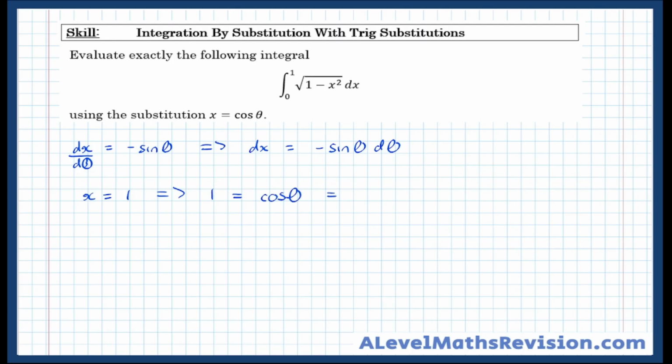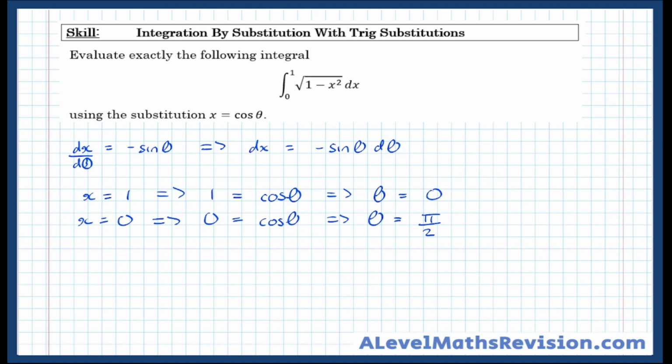Well, if 1 equals cos theta, that means theta must equal 0. x equals 0 implies that 0 equals cos theta, which means that theta must equal pi over 2. So you can verify those using your calculator if you want. So we've got our new limits for theta.